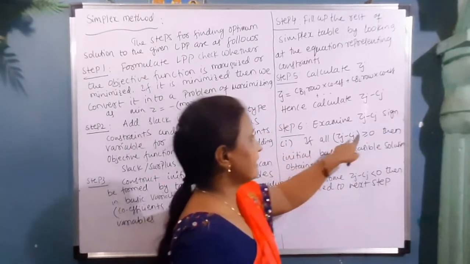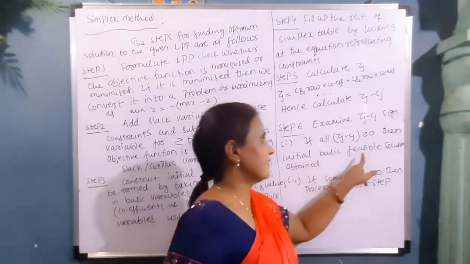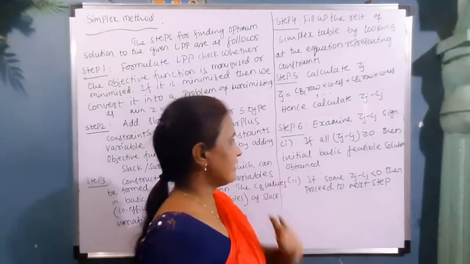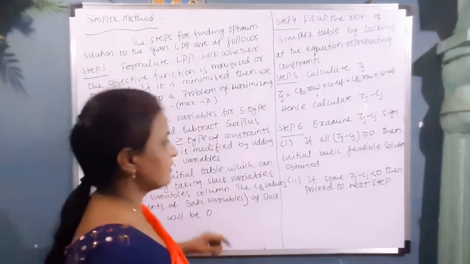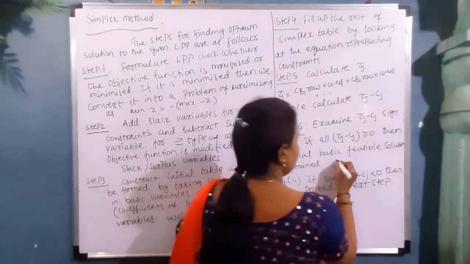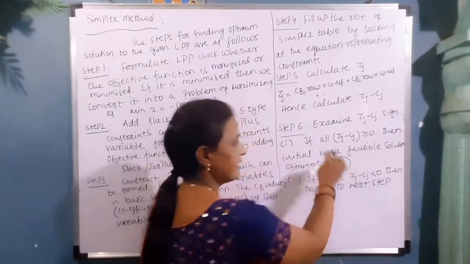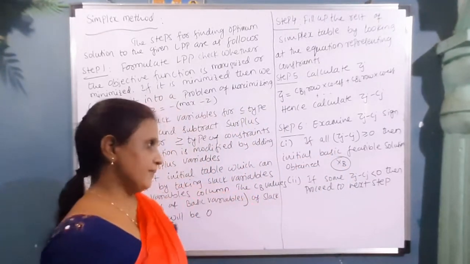If it is greater than or equal to 0, then we are having the initial basic feasible solution. So here the solution is obtained and we can stop the process. Then these values which are in XB will be the result. Whatever values are present in the XB column will give the answer to the given problem.